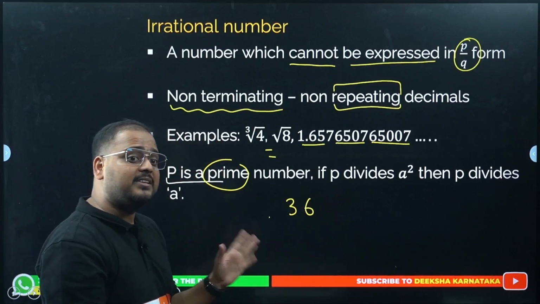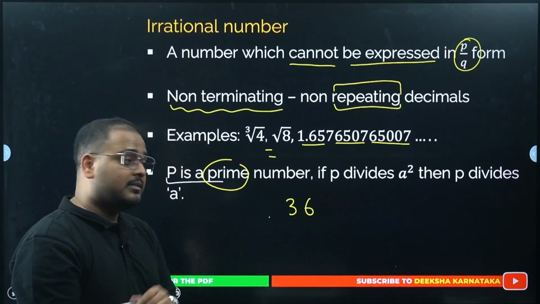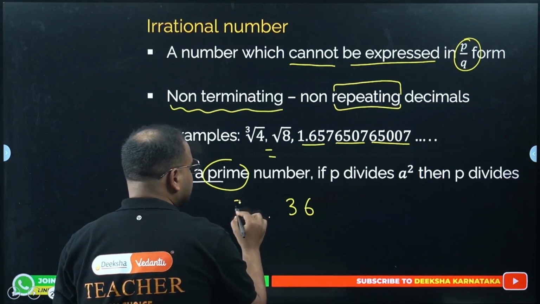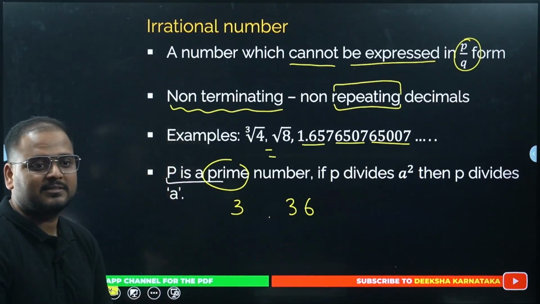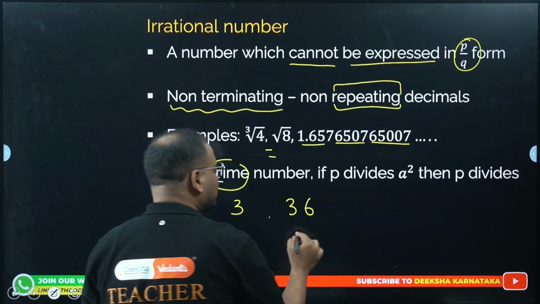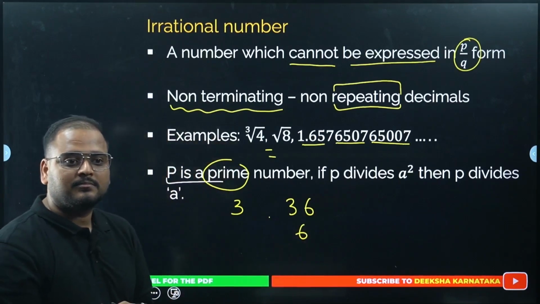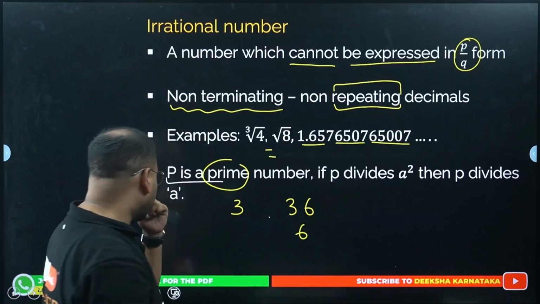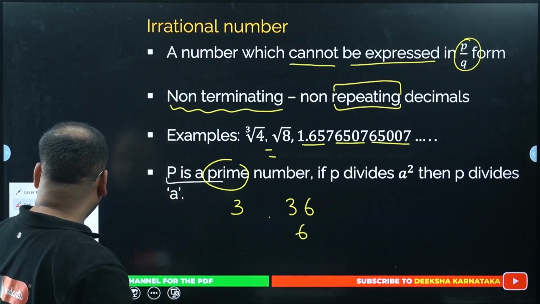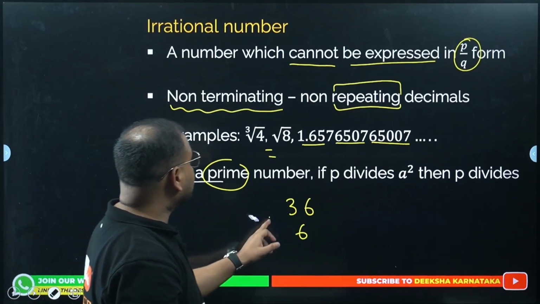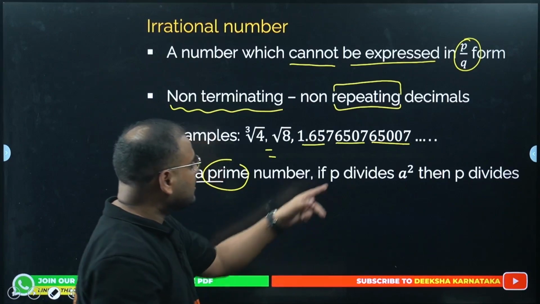If a prime number 3 divides 36, then 3 will also divide the square root of this, 6. So whatever number we are taking, if it divides its perfect square, it also divides its square root.